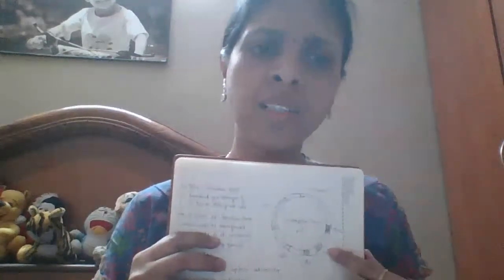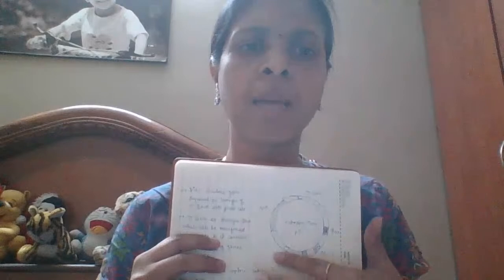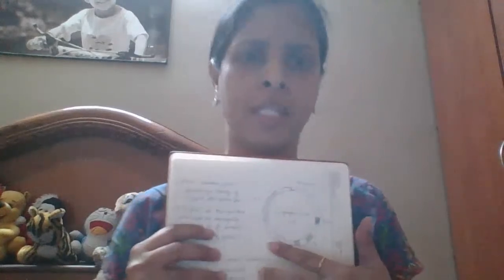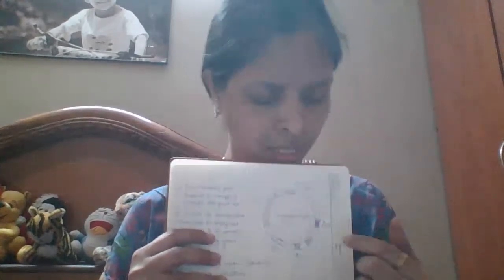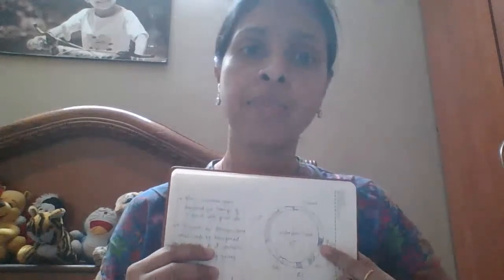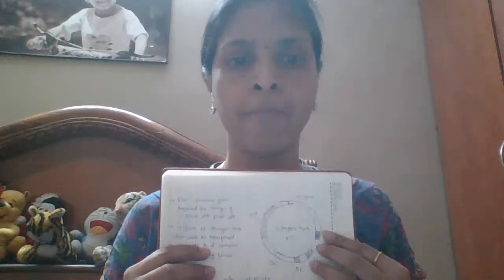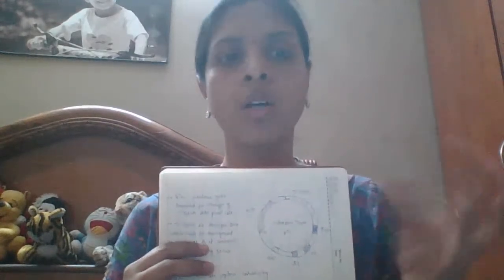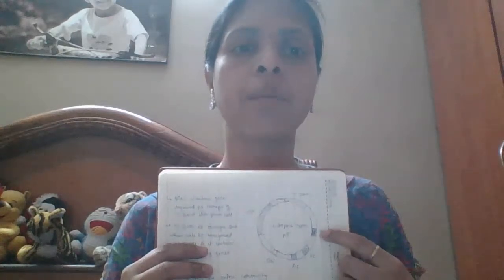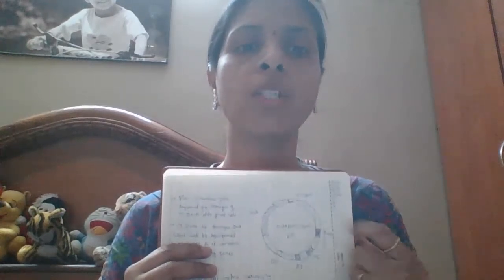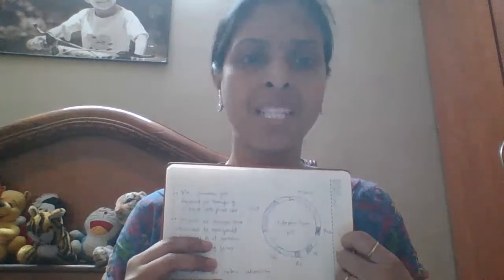Other genes present on this Ti plasmid are required for the agrobacterium organism, for example the Tra gene. That is the gene responsible for conjugative transfer of this plasmid from one bacteria to another bacteria. When it comes to conjugative transfer, this particular protein is responsible for the conjugative transfer of this plasmid.